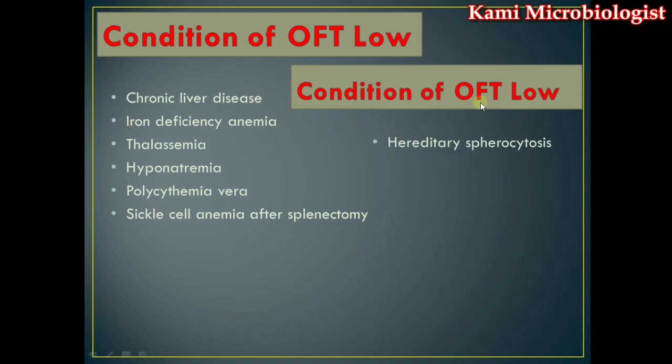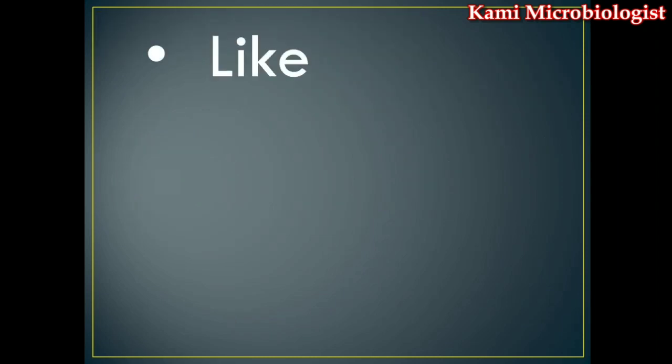Now the conditions in which osmotic fragility gets high include hereditary spherocytosis and hypernatremia. So that's all about the osmotic fragility test.